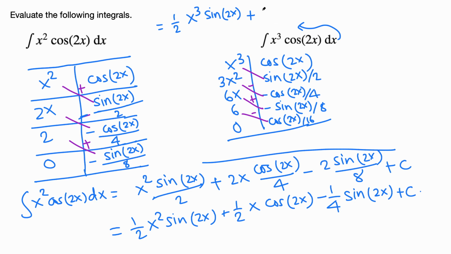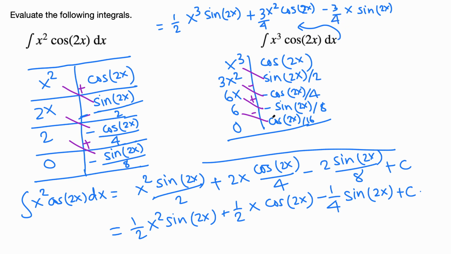So 3x squared cosine 2x over 4, which we can write as 3/4. Then plus, but there is a negative, so it's going to be minus 6x times sine 2x over 8. 6 over 8, when we simplify, is the same as 3 over 4.